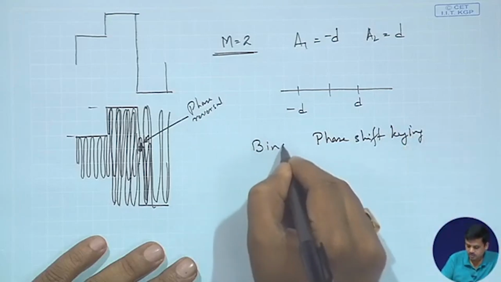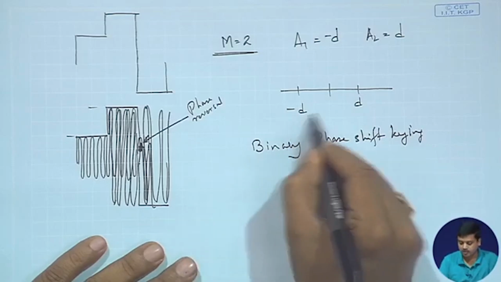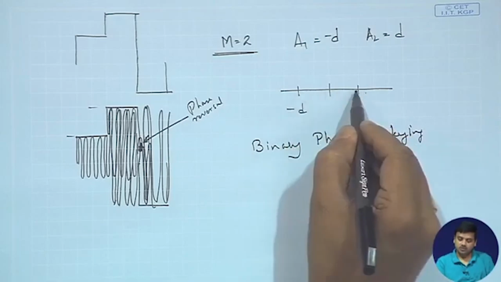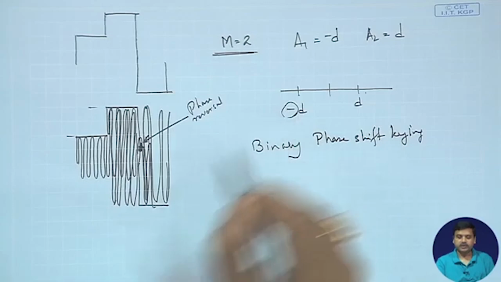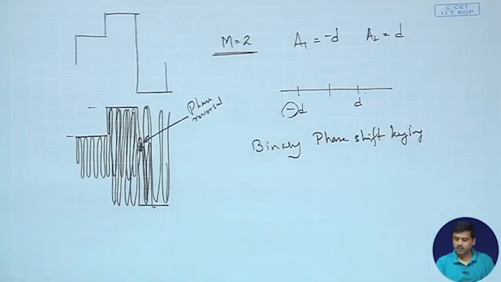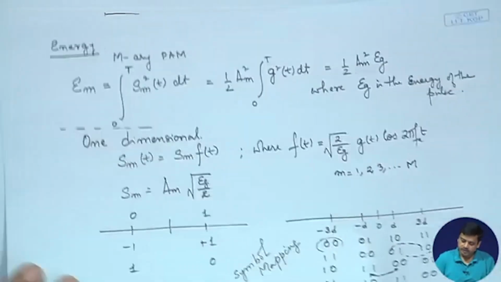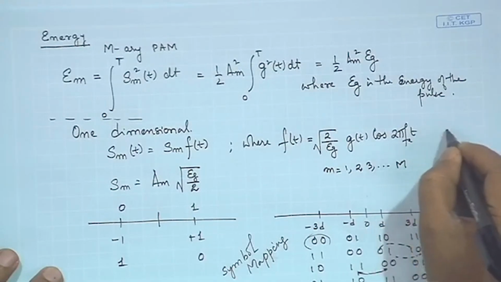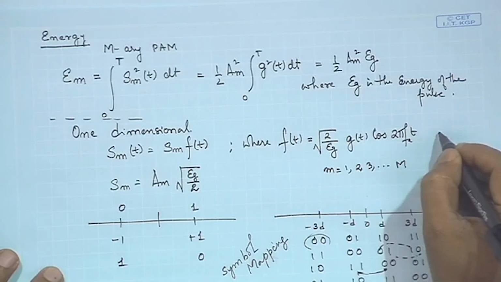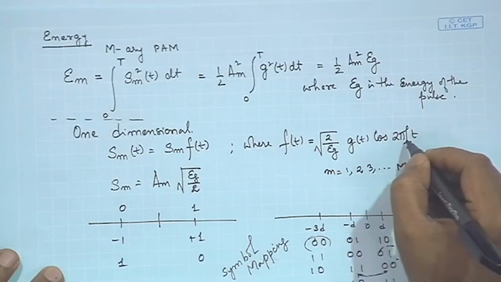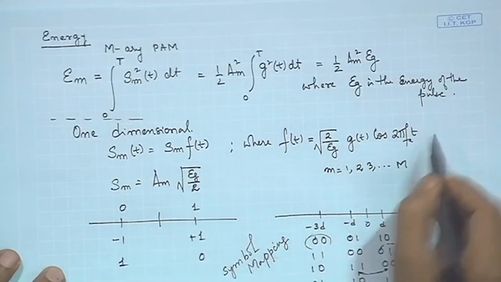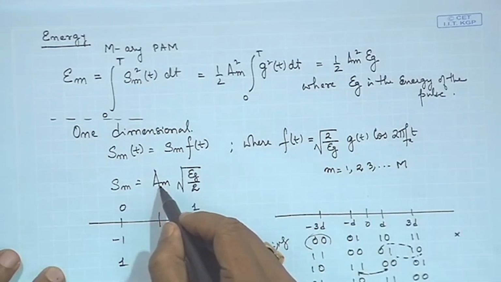This is also known as binary phase shift keying, because you have two signals, and the difference between these two signals is the phase, which is 180 degrees. There is a minus in front of it. In other words, you could also look at this signal as 2 pi fc t plus theta, where theta is 0 at one point and theta is pi at another point. If fc would be 0, you are going to get Am g(t) cos of theta, and Am is constant in that case, which is d, only theta changes.